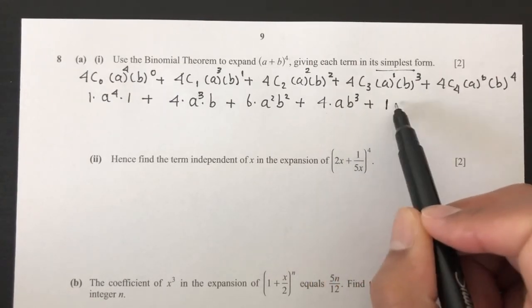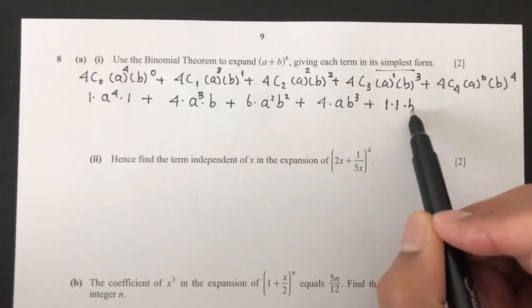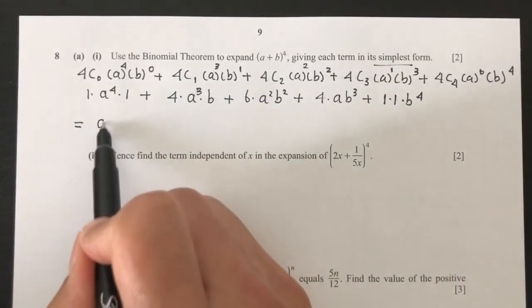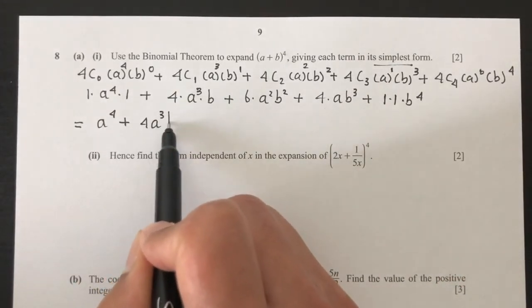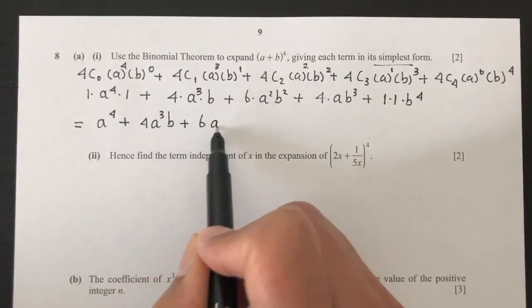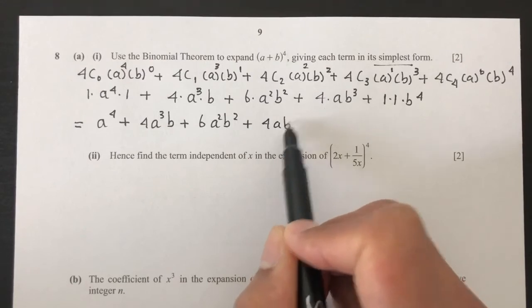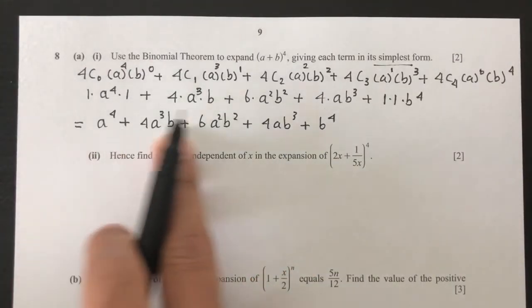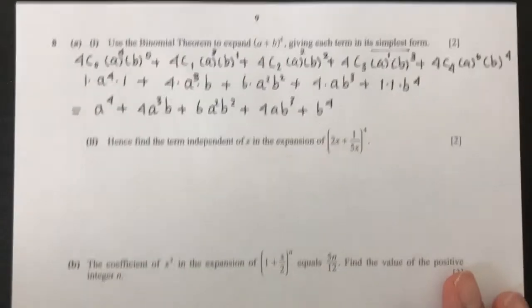That is 1, that is 0, that will be 1 as well. That should be b power 4. Now simplify. You should have a power 4 plus 4a cube b, 6a square b square, plus 4a b cube plus b power 4. That will be the full expansion of this in its simplest form. Okay, that is part 1.